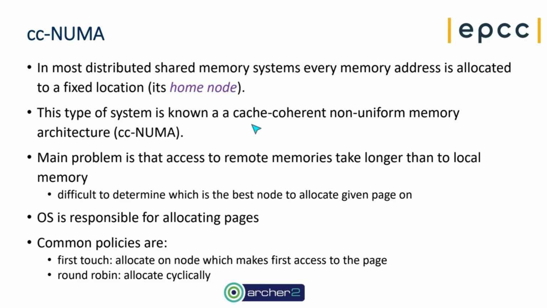And what happens is that every memory address will be allocated into a fixed location in these multiple memory blocks, when the first time a piece of data is accessed, it gets allocated into one of these blocks of memory. The terminology here is NUMA, non-uniform memory access, so these blocks are usually referred to as NUMA regions.